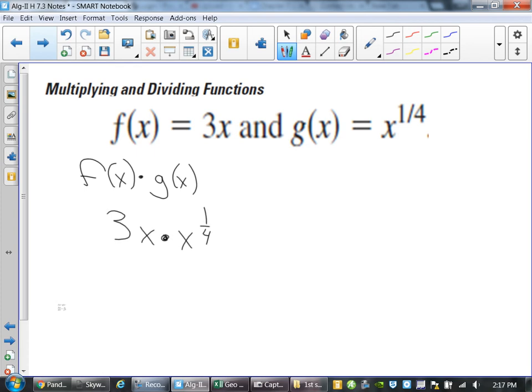What's the coefficient of the g of x function? 1. Just like we've done in the past, always take care of your numbers first. So this is a tough one. 3 times 1, 3. Now you have same base, different exponents, you're multiplying, what do you do?